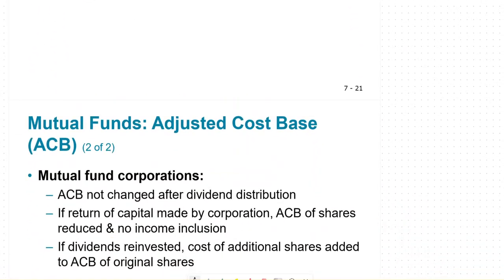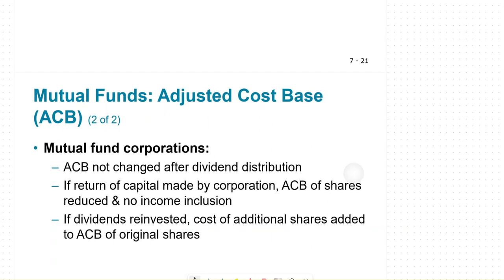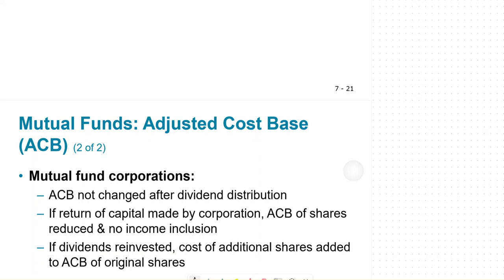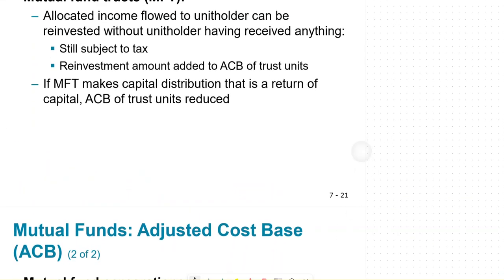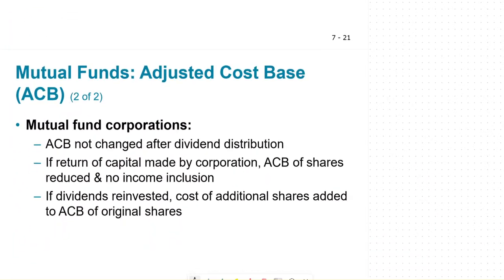These are some of the things that you could read over. When you invest in shares of mutual funds, we have the ACB, the adjusted cost base, and it does not change after the dividend distribution. Your ACB stays the same.